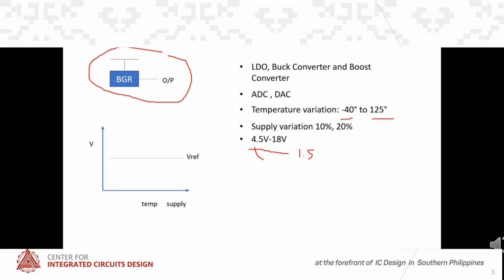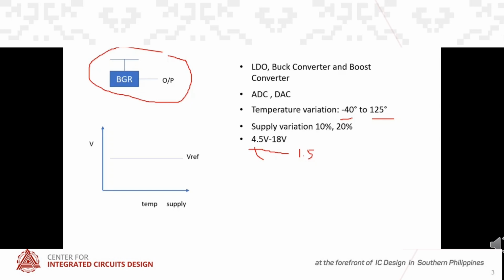Definitely this bandgap voltage reference, or the voltage reference, because there are a lot of architectures of voltage reference, the basic voltage reference architecture is the bandgap. So usually kana fix ang voltage amidst this variation of supply.